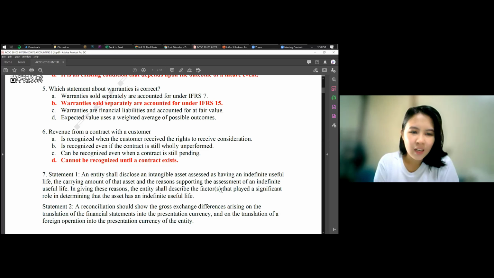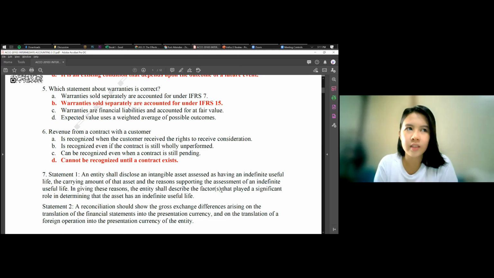So, yan. Statement 2. A reconciliation should show the gross exchange differences arising on the translation of the financial statements into the presentation currency. Yeah, I think that's correct. And on the translation of a foreign operation into the presentation currency of the entity. I don't think so because translation of a foreign operation uses consolidation method, diba?